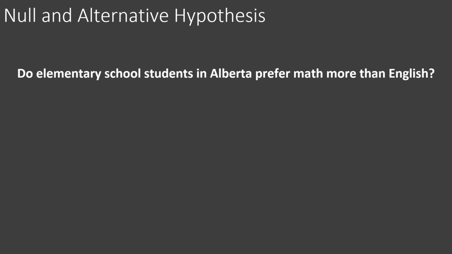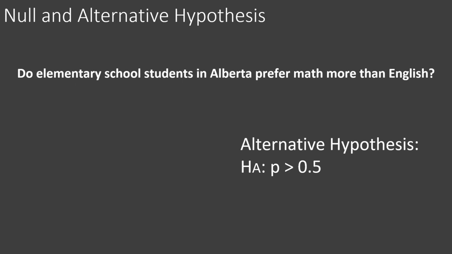Again, another example, we'll use the same as before. Do elementary school students in Alberta prefer math more than English? What would the alternative hypothesis be? In this question, it'll be p is greater than 0.5. This question is pretty vague, and when you're doing questions there'll be more information, but the important thing is that it asks whether the students prefer math more than English.